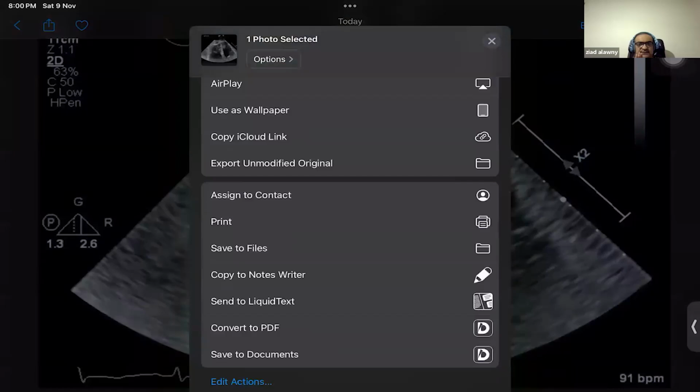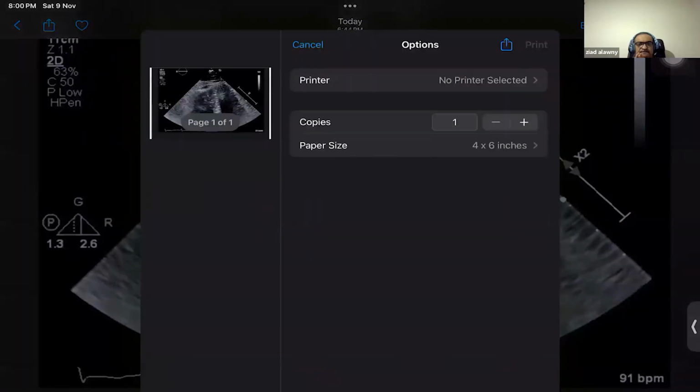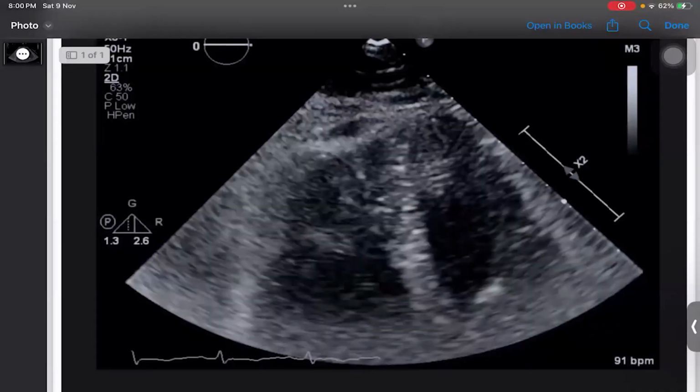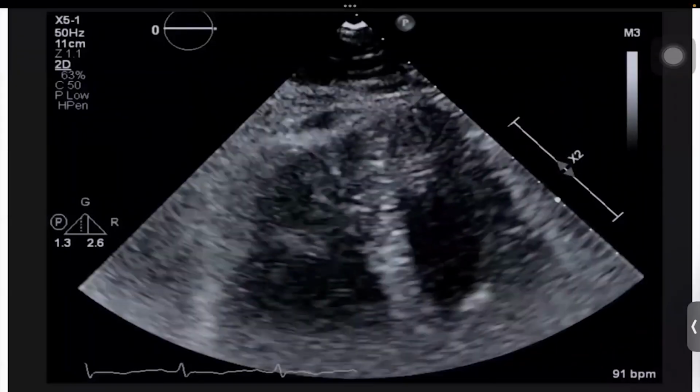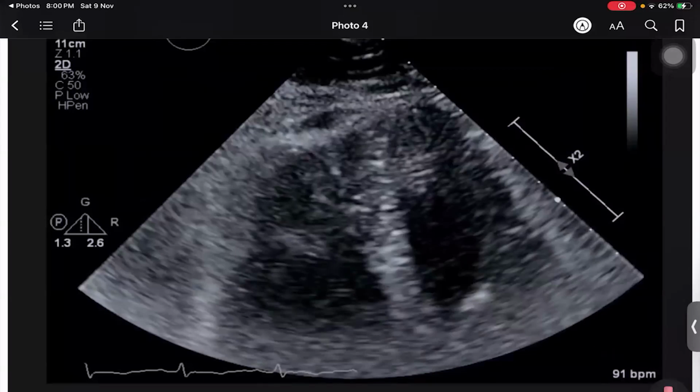This is a dilated right ventricle and atrium. So the RA, RV both are dilated. So this is the right ventricle, this is the right atrium, and both of them are dilated. So this is pulmonary embolism.